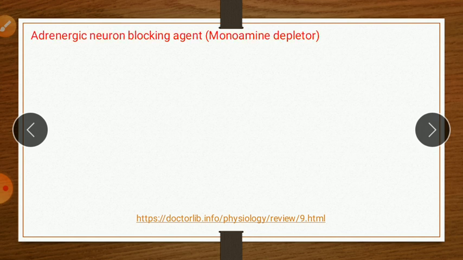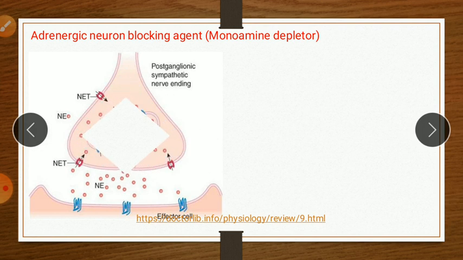Now the next class is antihypertensive adrenergic neuron blocking agents, called monoamine depletors. First we see the mechanism of this type of drug. As the name indicates, monoamine depletor means it decreases the concentration of monoamines, especially noradrenaline. As we know, noradrenaline is released into the synaptic cleft.